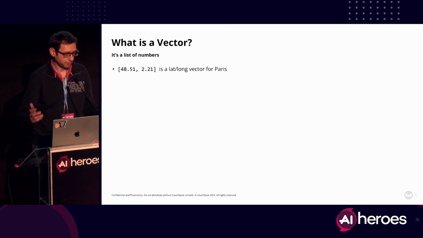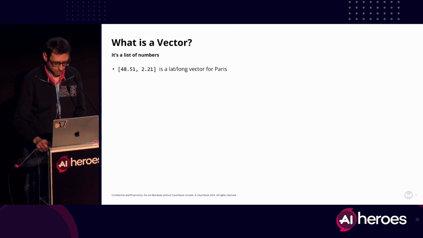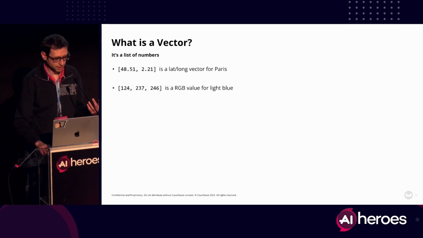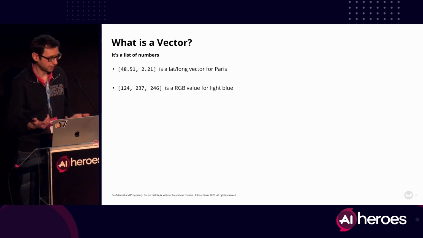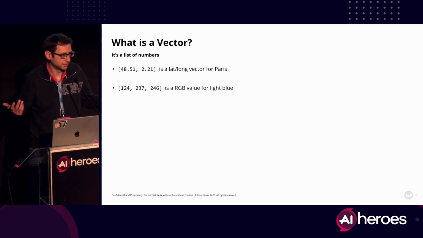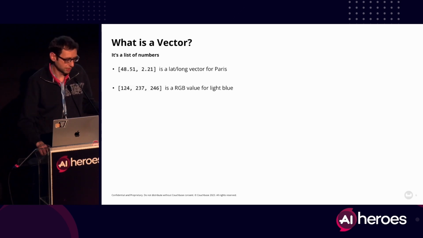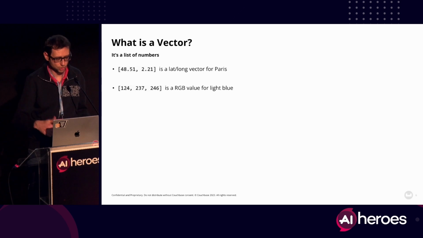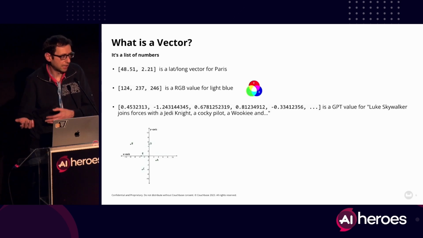Let's start with some basics. I believe you are familiar with the vector concept, so I won't spend much time on it, but the idea is that a vector is just a list of numbers. It's easy to visualize in a two-dimensional space. We are all familiar with latitude and longitude for coordinates, and the RGB model for representing color.